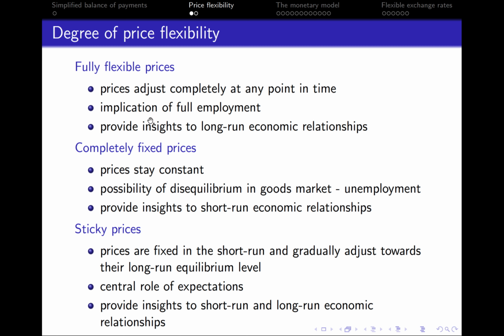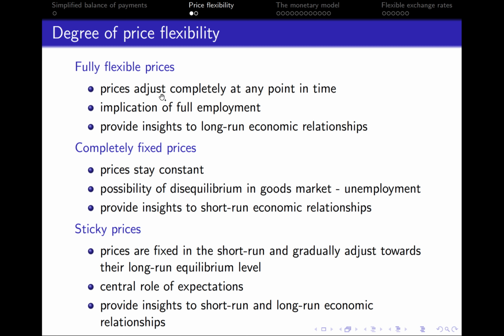We just notice that fully flexible prices imply that the economy is running at optimal capacity. And, as I already said, fully flexible prices bring insights into long run economic relationships.